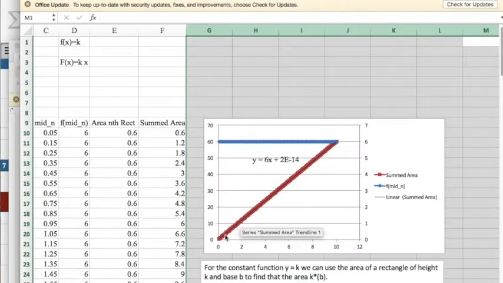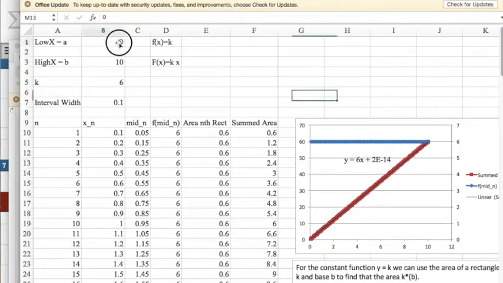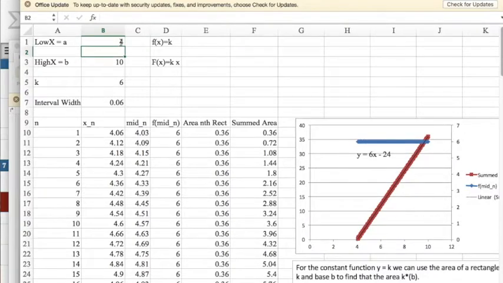So I'd like to plot it. I can not only plot the initial function, which was a straight line, I can also plot the area function. And when I plot the area function for the constant, it tends to be a straight line. And if I have a different starting point, it's going to give me a different constant there.